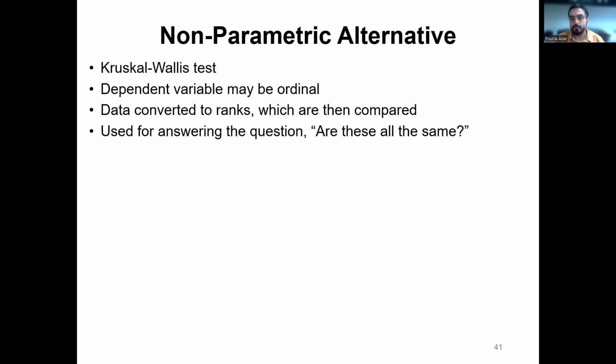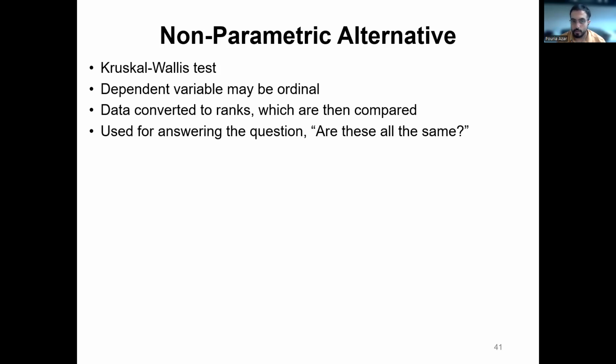The non-parametric test for ANOVA is the Kruskal-Wallis test. In this case, the dependent variable can be ordinal. The data are converted to ranks, which are then compared, and we use the Kruskal-Wallis test to answer the question, are these all the same? Just like the parametric test for ANOVA. So one-way ANOVA is the parametric version, and the Kruskal-Wallis test is the non-parametric version.